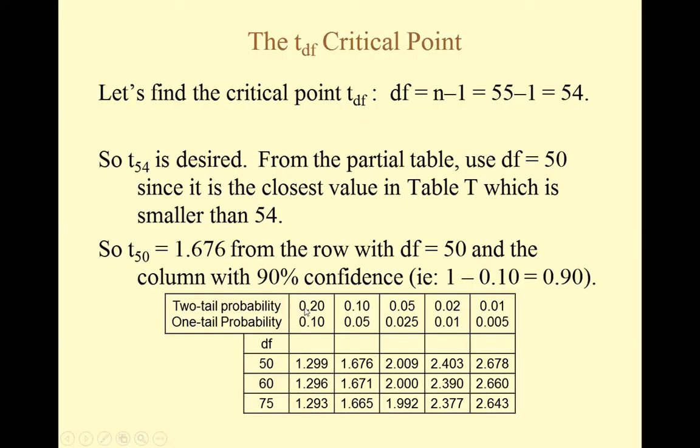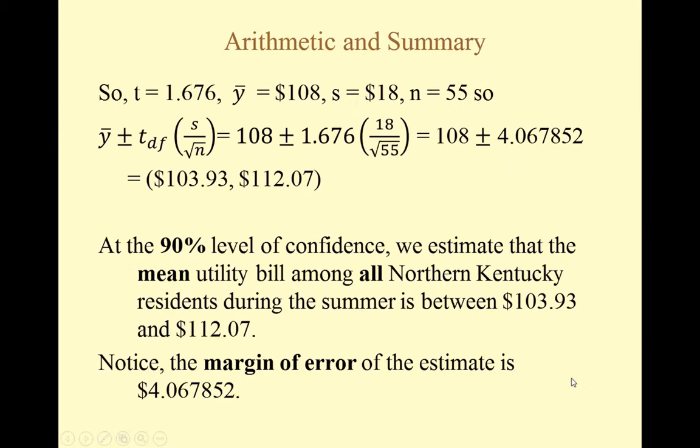So the two-tail probability 0.10 column and the 50 degrees of freedom row gives me a critical point, or t-score, of 1.676. So the t-score to use is 1.676.